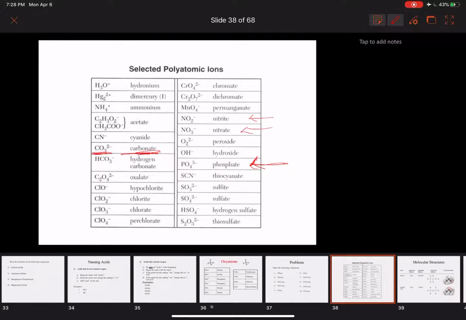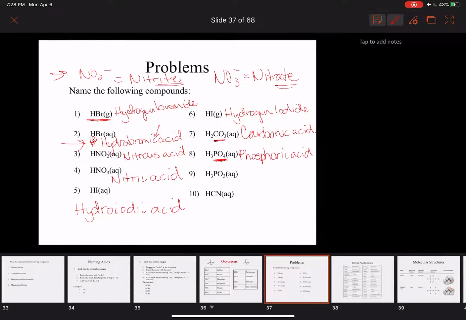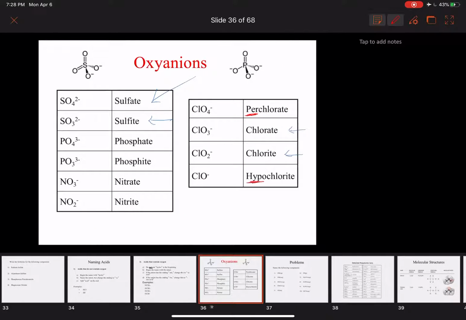Now, if PO4 is phosphate, then PO3 would be what? That would be phosphite, because we have fewer oxygens in phosphite than we do in phosphate, and that's how the rules work with oxyanions.